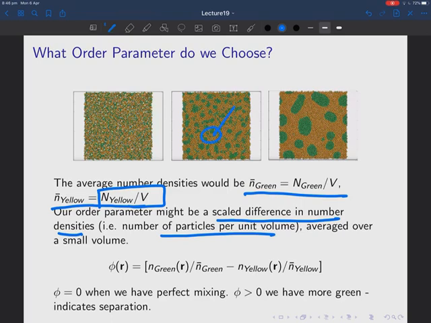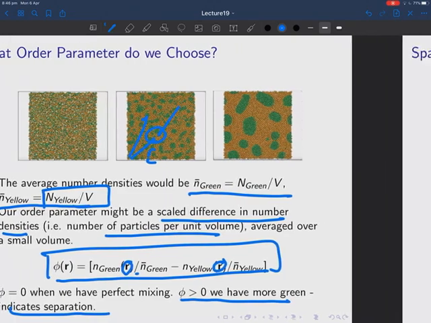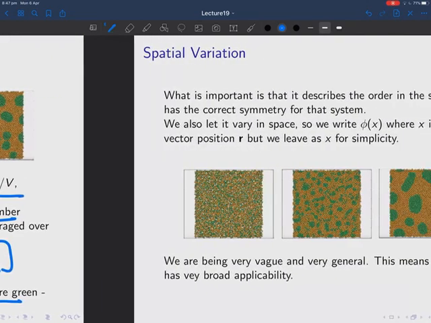So we take a small volume here, and we start counting how many greens and how many yellows there are. And we can define our order parameter phi, which is the number of greens divided by the average number of greens, minus the number of yellows divided by the average number of yellows, at some particular point R. So here's my point R. When phi equals 0, we have perfect mixing. We have the number of greens equal to the average number of greens, etc. And when phi is greater than 0, we have more green, which indicates separation. So we could have something like that as an order parameter, as a possibility.